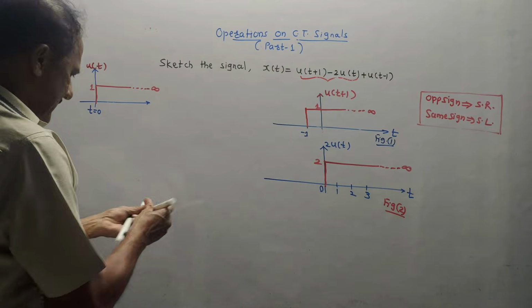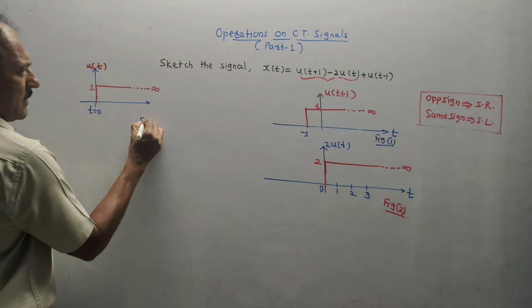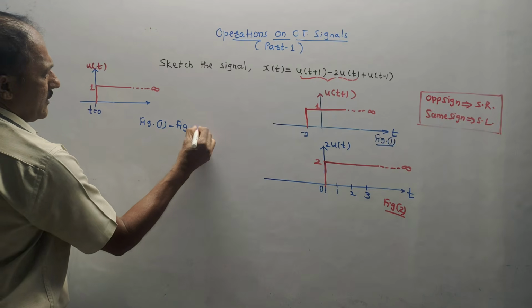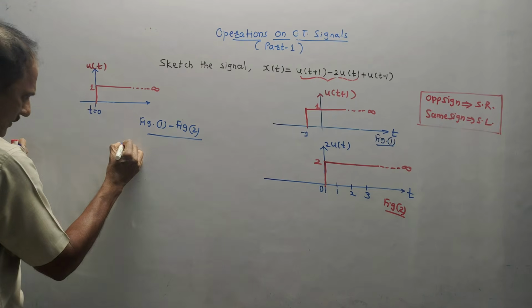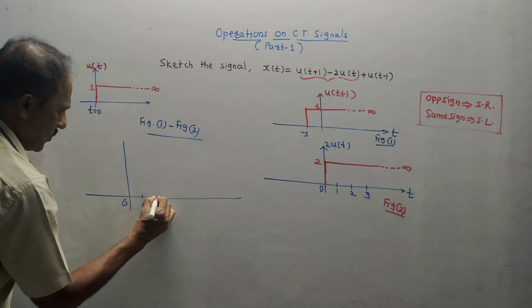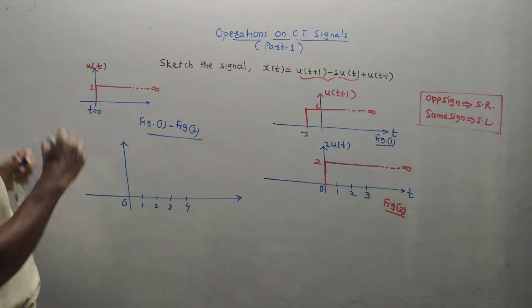Like the previous case, first I will sketch the diagram for figure 1 minus figure 2. Again for the reference, mark some scales 0, 1, 2, 3, 4 and so on.